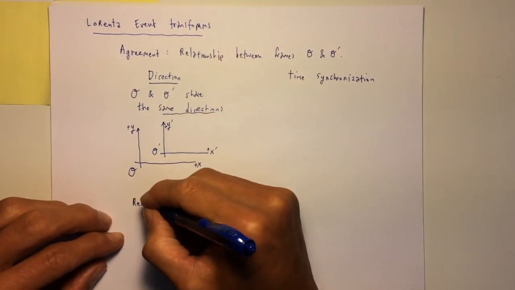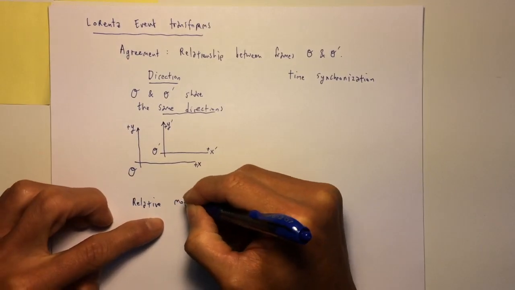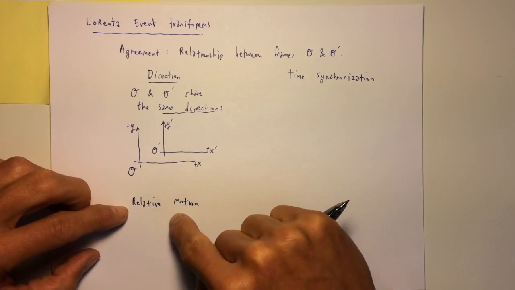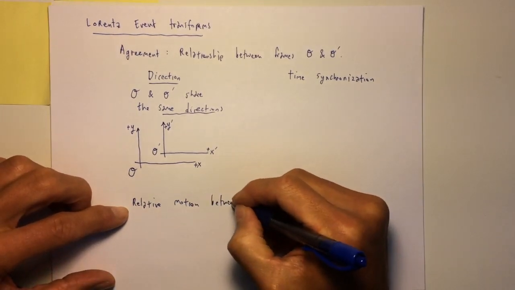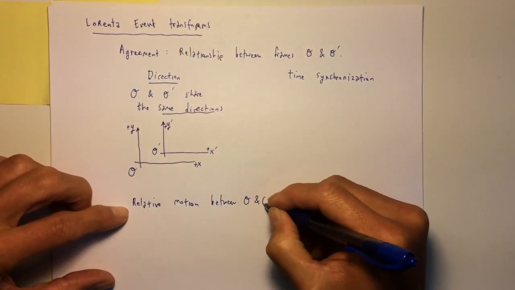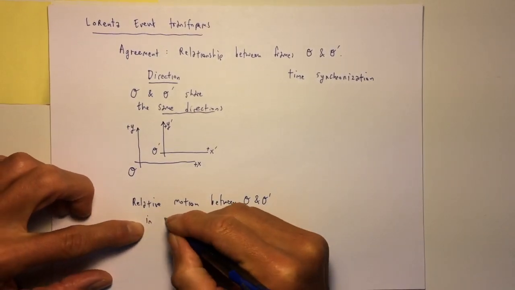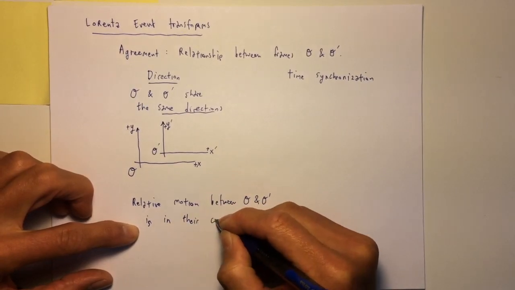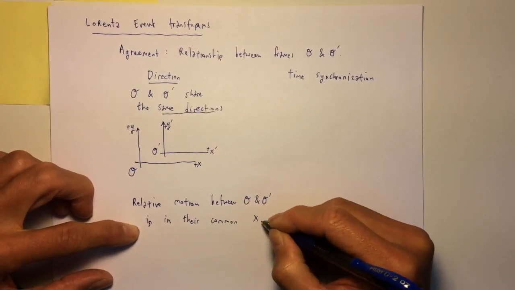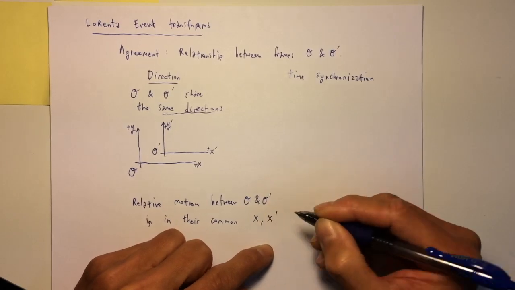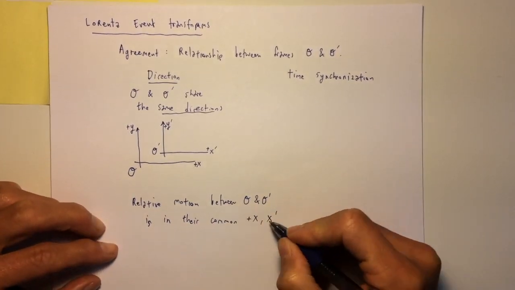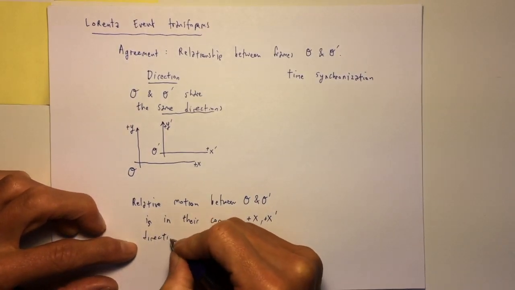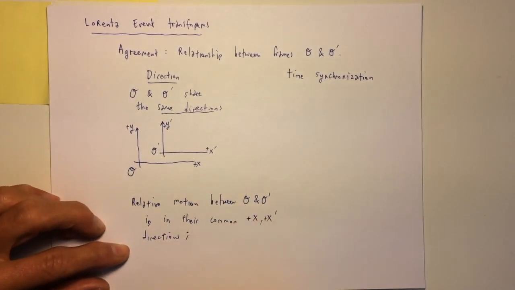The relative motion between O and O prime is in their common x prime, and actually positive x prime directions. And we have to be a little bit more specific.